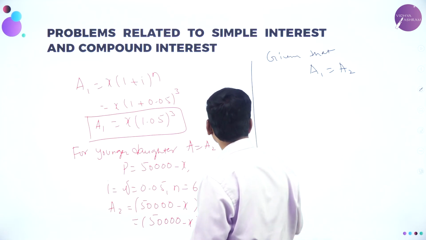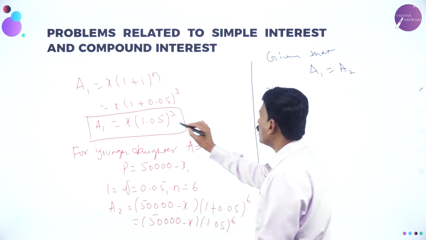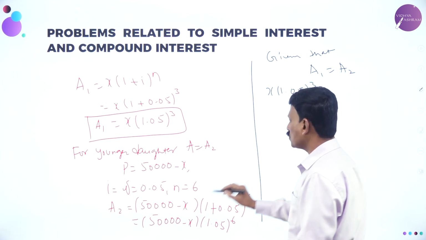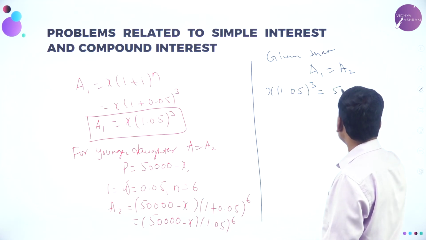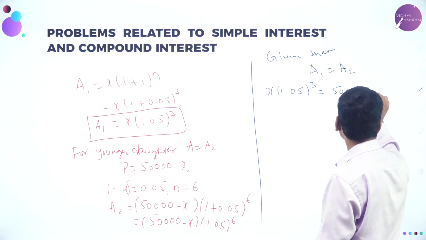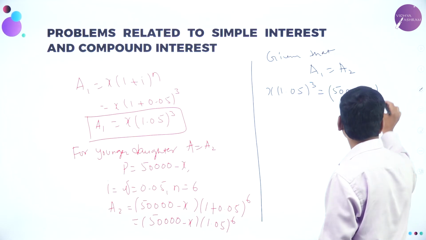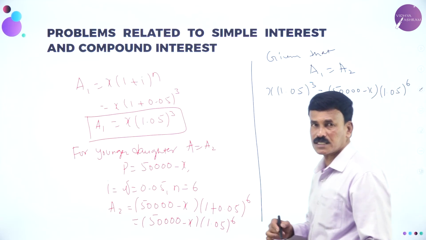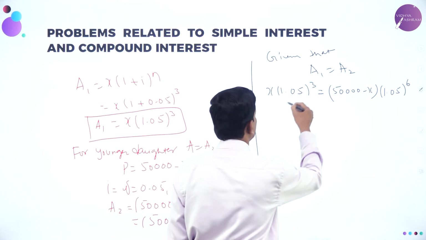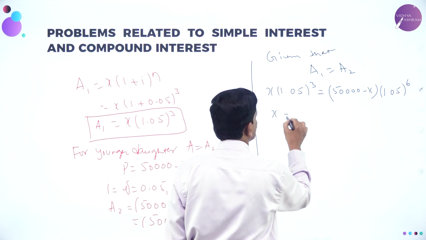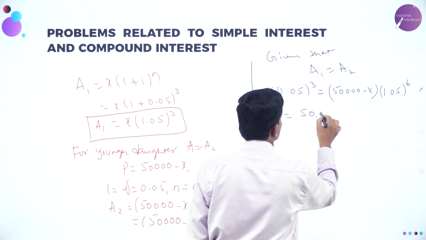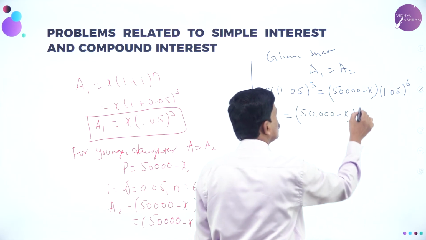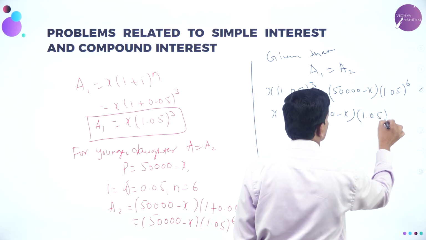What is A1? x into 1.05 whole cube is equal to A2, which is (50,000 minus x) into 1.05 to the power of 6. Now just divide by 1.05 cube. So x is equal to (50,000 minus x) into 1.05 whole cube.